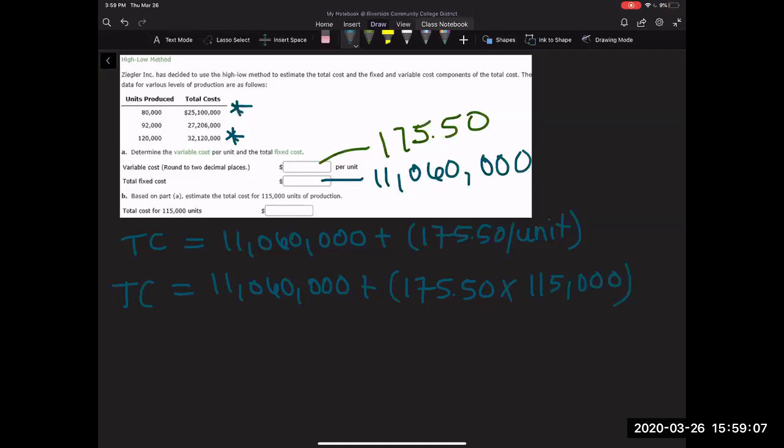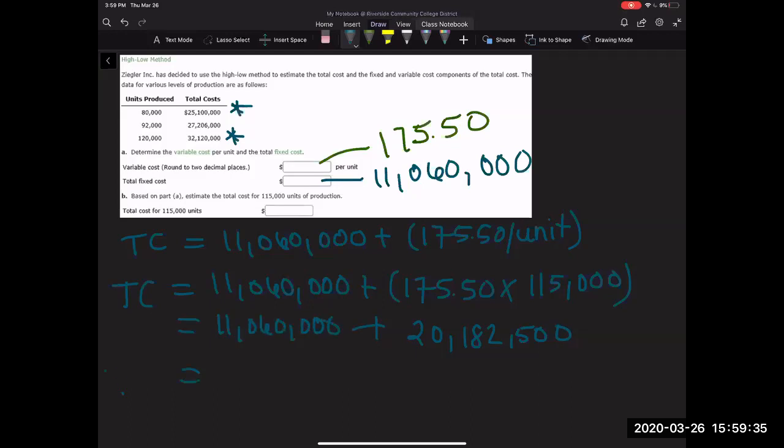Now from here, we're just going to do the math. 175.50 times the 115,000 units that we're going to produce comes out to 20,182,500. Right. And then plus our fixed cost of the 11,060,000, right?